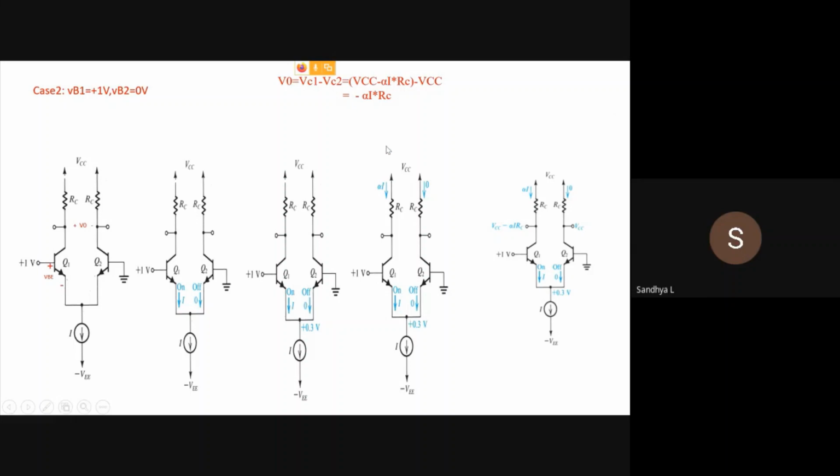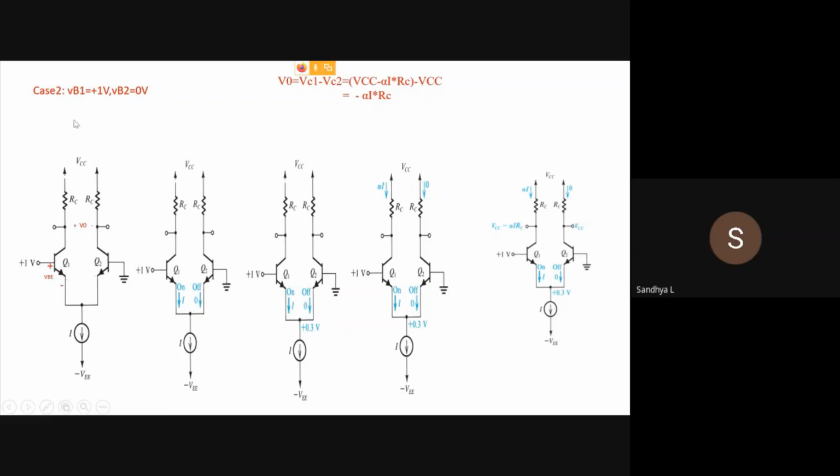So which is this particular case? When VB1 is greater than VB2, and in that case you have a negative sign at the output. This is the case when you are taking V naught with this particular polarity.